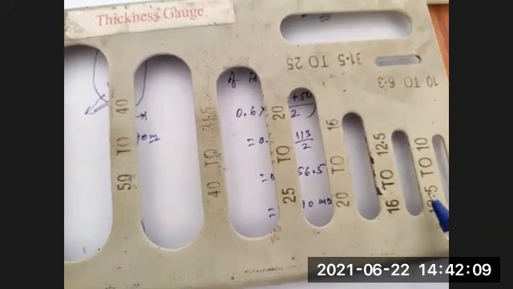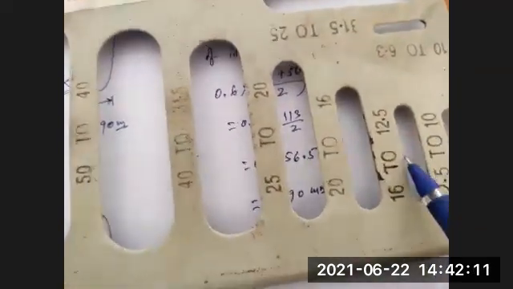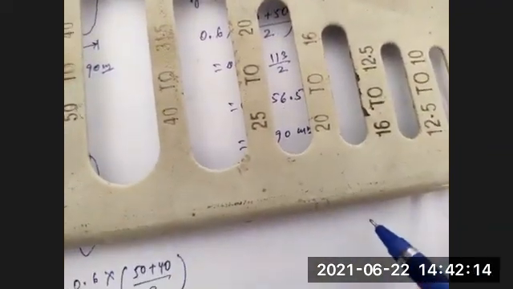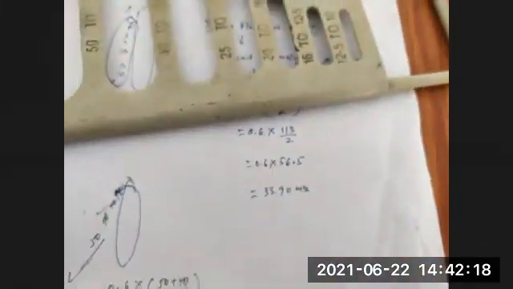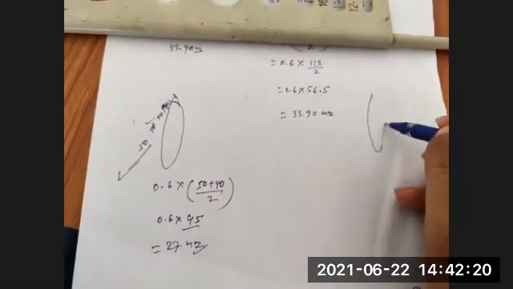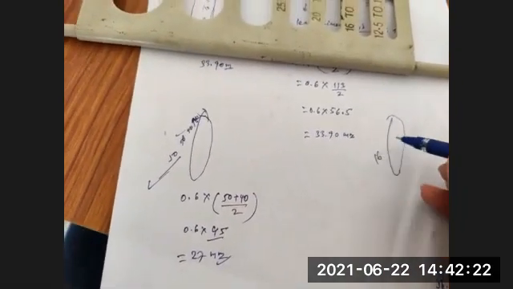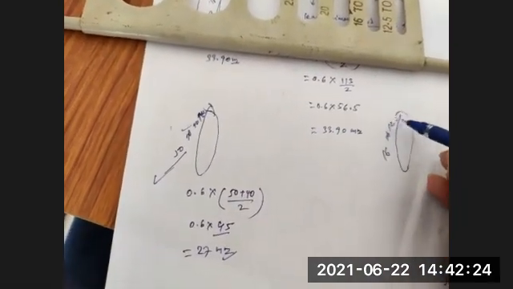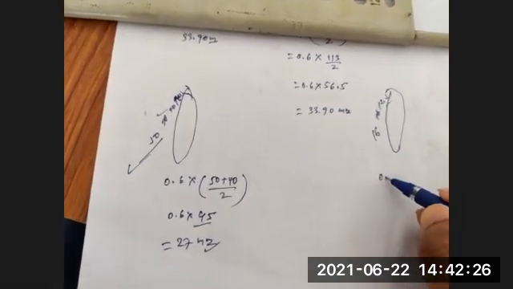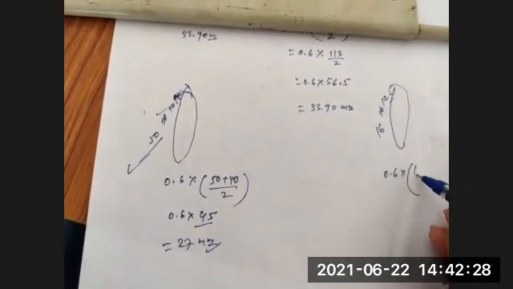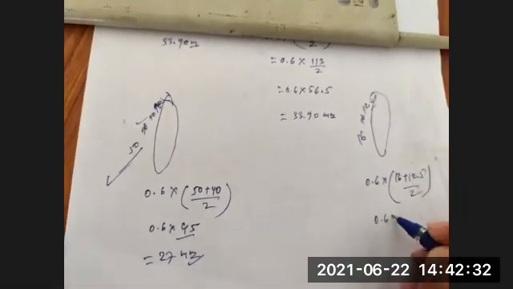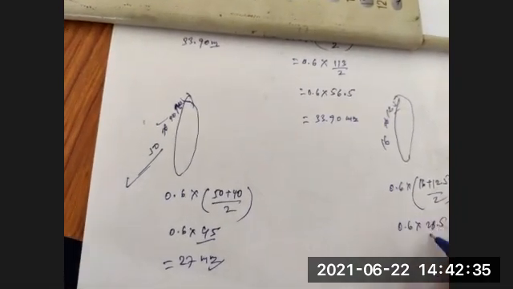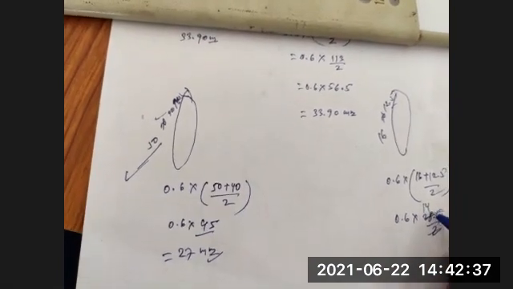These are the aggregates which are retained on 12.5 but passing 16 mm. So what is the size of this slot? We easily find it. For finding the size of this slot, this is our 16 to 12.5. So we multiply 0.6 with the mean of this, that is 0.6 into 28.5 by 2, which is 14.25.